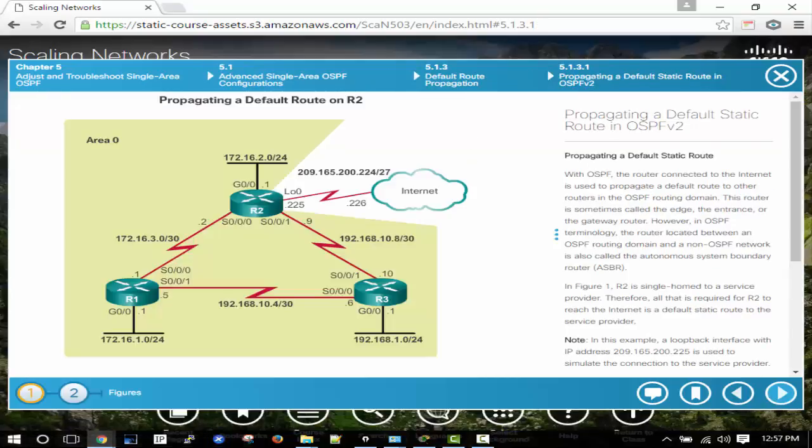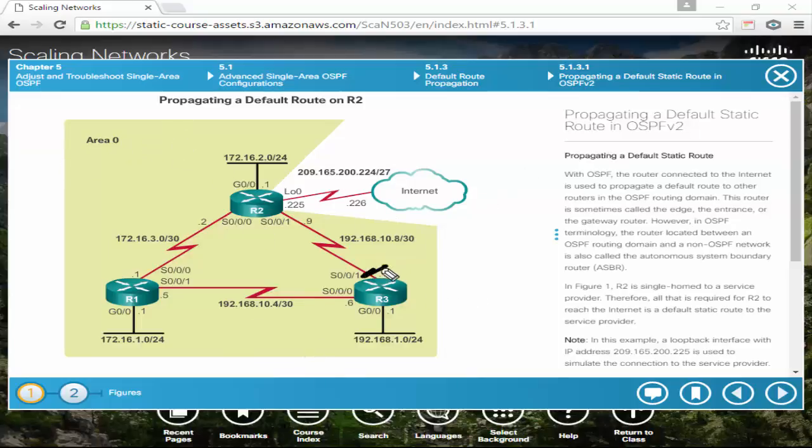Alright, so now we've talked about how we can form adjacencies. Remember, the adjacencies are going to feed all this network information in, and they do it differently between IP version 4 and IP version 6. In IP version 6, you form adjacencies by just putting that you're running it in there. We're in IP version 4 here, so we type in the network command and then the network address, 192.168.1.0.